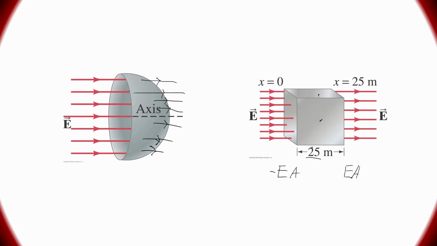But if we realize that the flux coming out of this surface is exactly equal to the flux going into a surface bounded by that, then we could just find the flux going through that circle, which is going to be a lot easier because the electric field is perpendicular at all points, so we can just do whatever the electric field is times the area of that circle, and that will equal the flux coming out the back. Granted, that would be negative and that would be positive, but we can deal with all of that just fine.